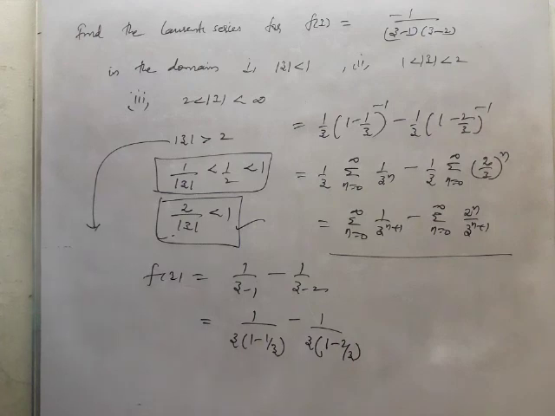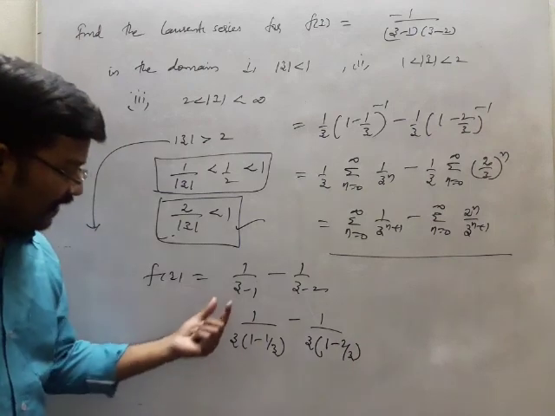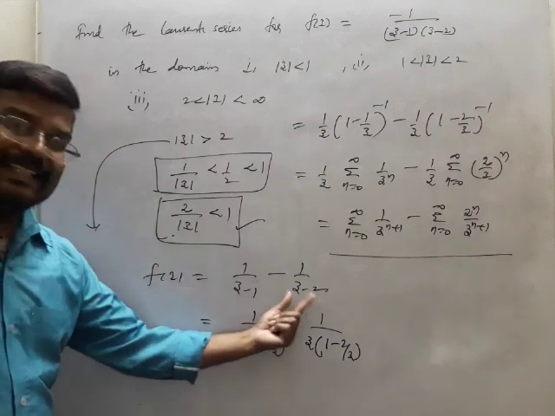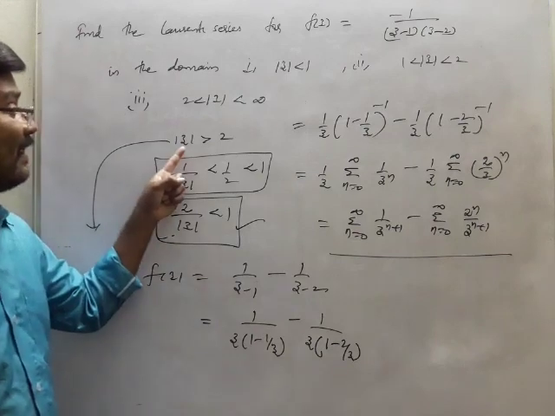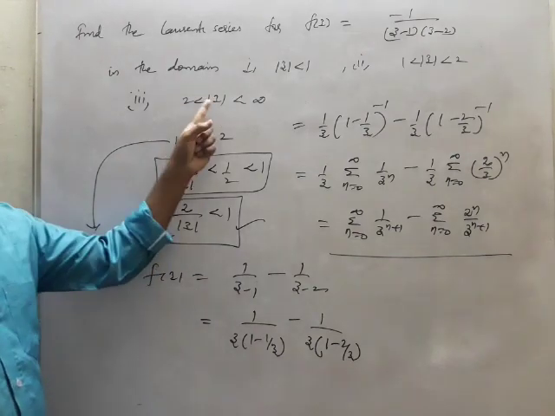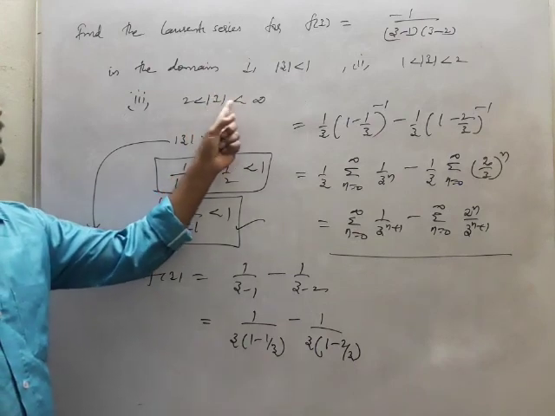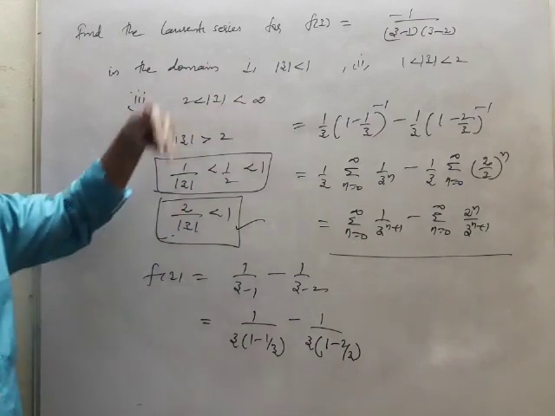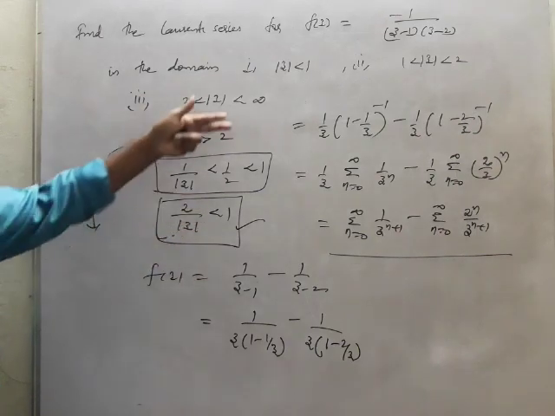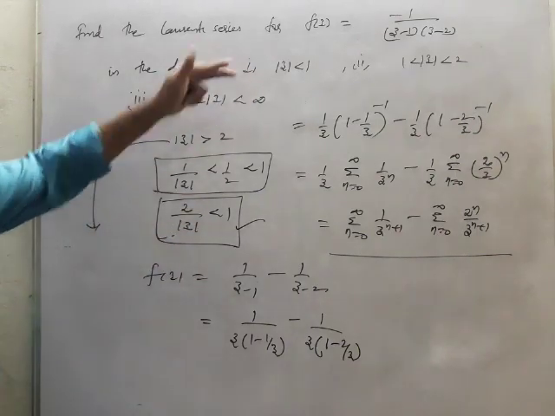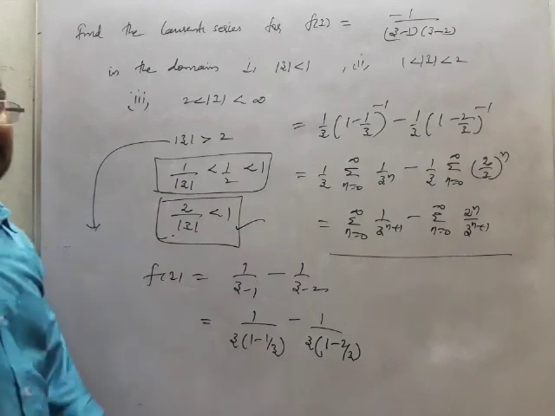The only thing you have to remember here is which one you have to take common. That depends on the condition which you have taken. If I take mod z less than infinity, then 1 by z, if I reverse it, that is 1 by infinity, becomes 0.